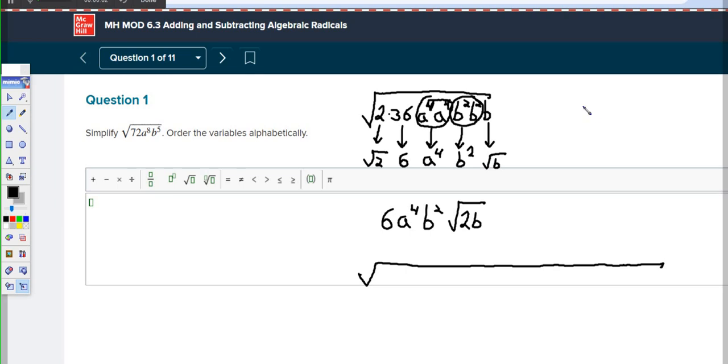So 72. What is 72? Rather than writing 2 times 36, let's just do a quick factor tree on this. 72, well, let's write it 9 times 8. And 9 is 3 times 3, 8 is 4 times 2, and then 4 is 2 times 2. So if I write 3 times 3 times 3, whoops, another 3.